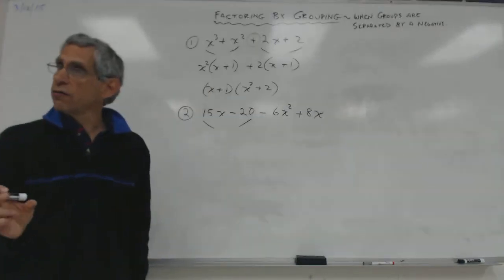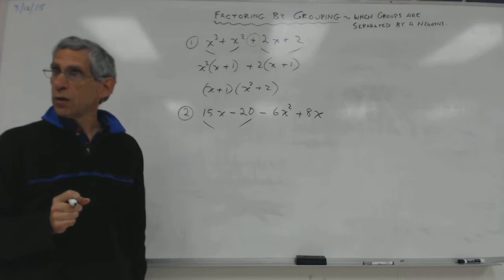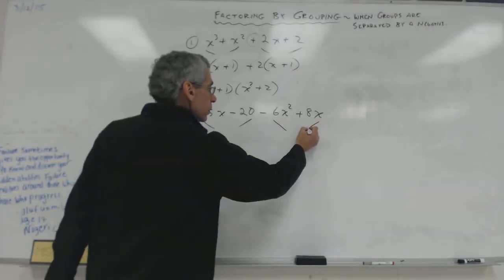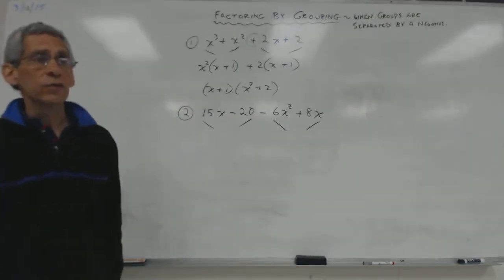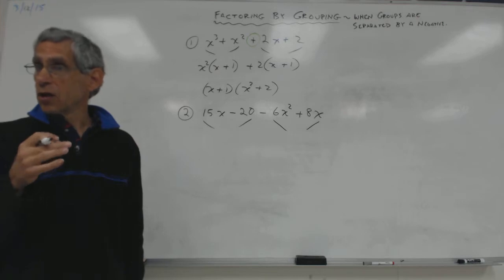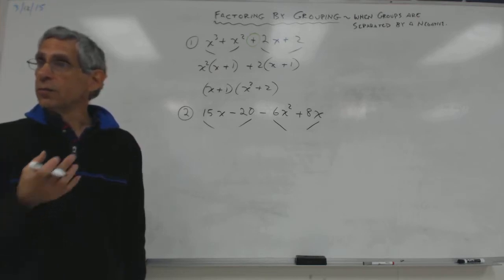Whenever there are 4 terms and you're asked to factor them, you always try grouping first, always, okay? I call factoring out the greatest common factor the cardinal rule of factoring. It's not called that in any book, but it's my rule.